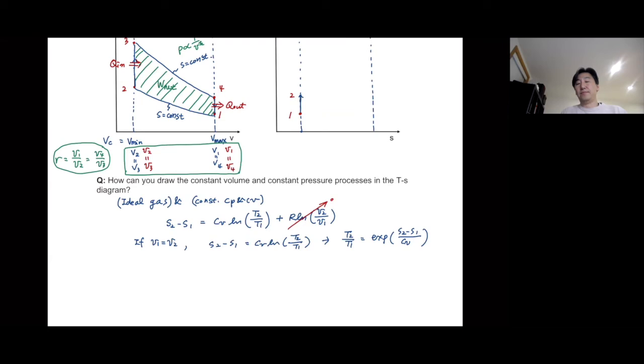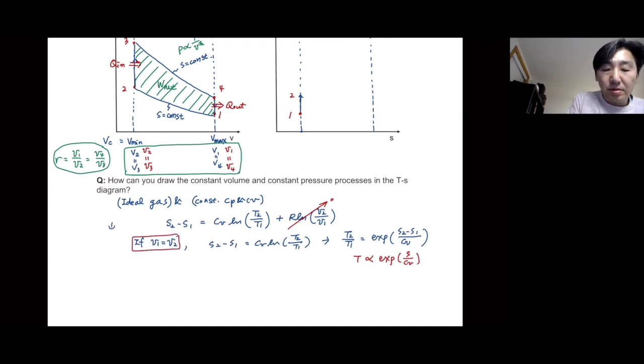So what it means is that when we have a slight change from S1 to S2, your temperature is exponentially increasing, based on S divided by Cv. So T is proportional to exponential S over Cv. That is for the constant volume process.